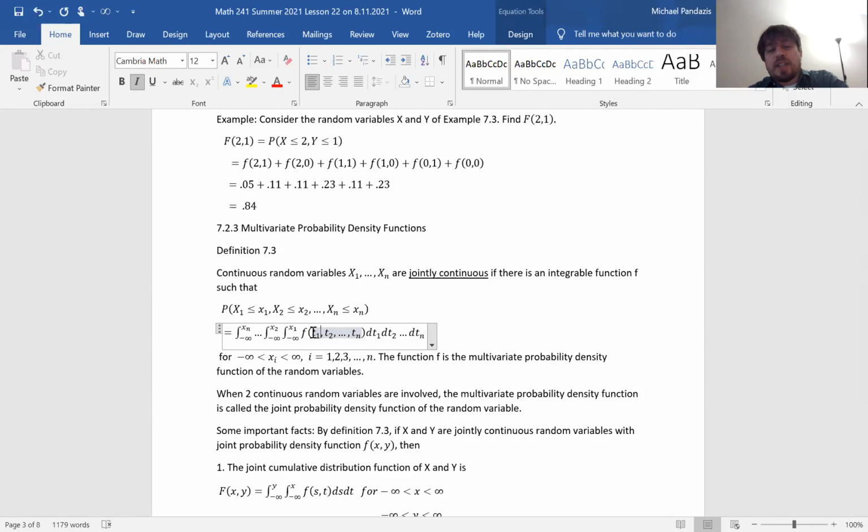For an n-variable function, you could have an n-dimensional object existing in n plus 1 dimensional space, and then the space underneath that function would be the amount of space in n plus 1 dimensions. These n integrals tell you the amount of space underneath that function.